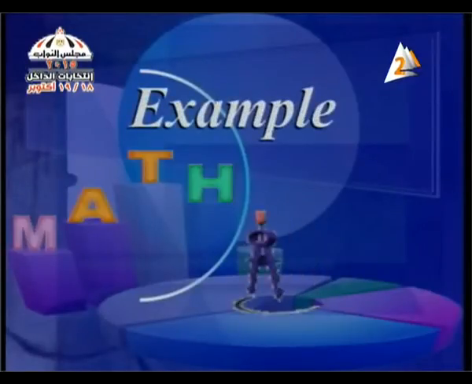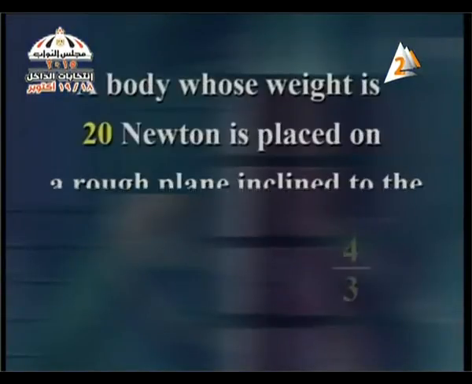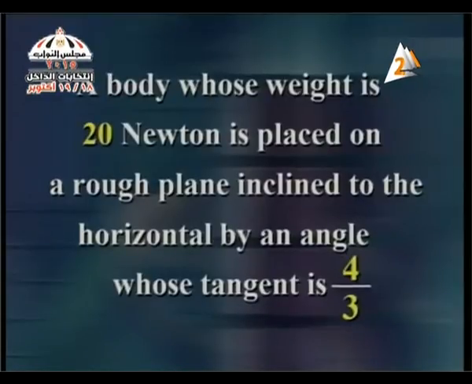Now, let's go to a new example. A body whose weight is 20 Newton is placed on a rough plane inclined to the horizontal by an angle whose tangent is 4 over 3.